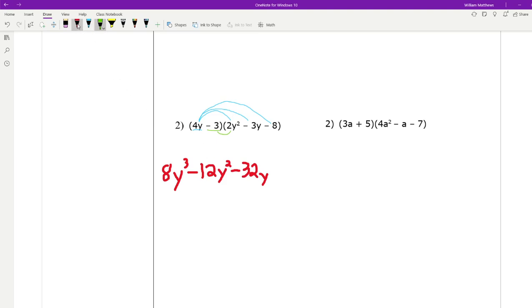Distribute to the first term, which gives me negative 6y squared. Then the next term: negative 3 times negative 3y gives me a negative 9y. And then our final term, negative 3 times negative 8, gives me a positive 24.